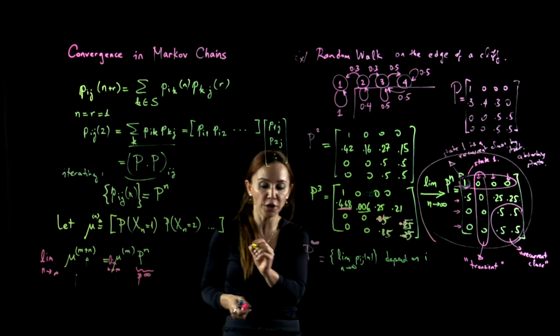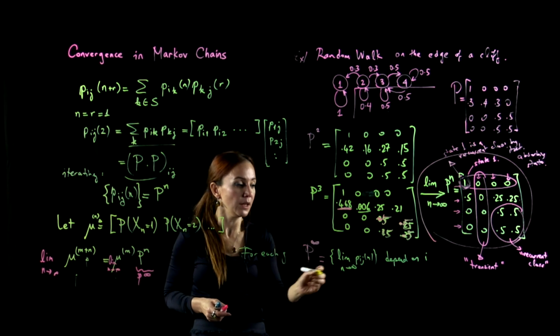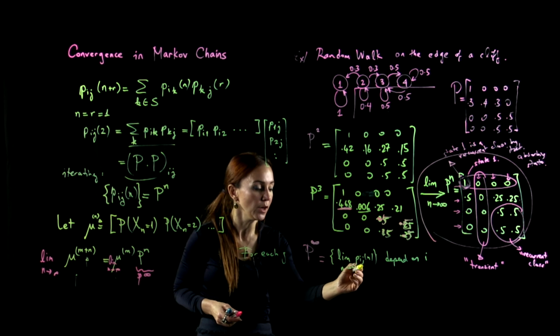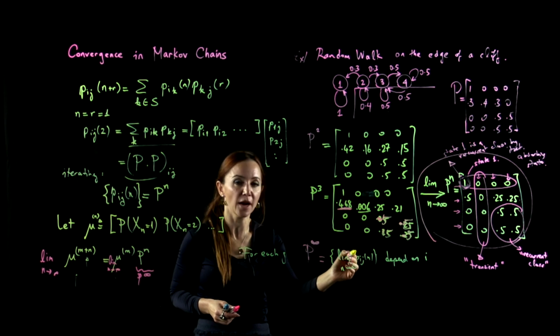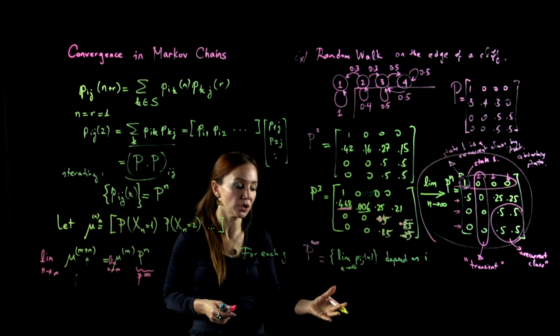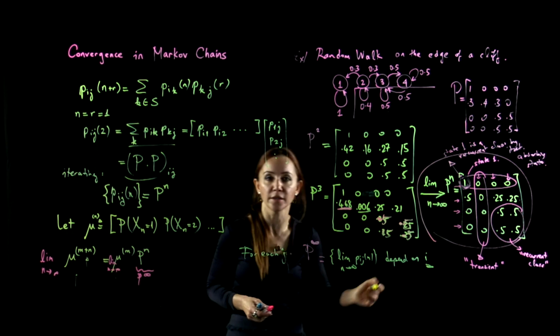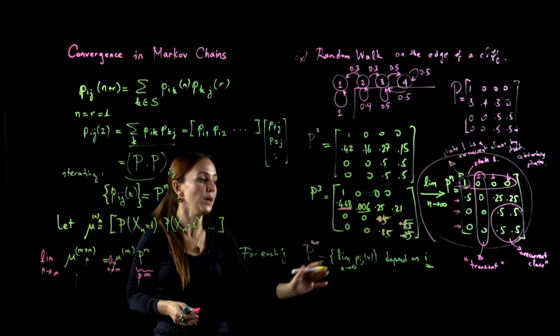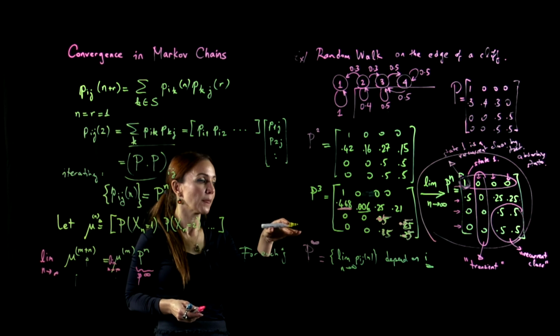So for each j, the eventual probability of being in j after an infinite number of transitions depends on where we started. No matter how many transitions there have been, where we originally started still matters.